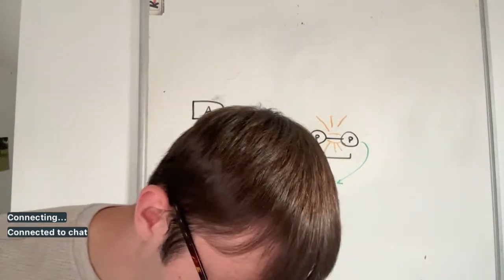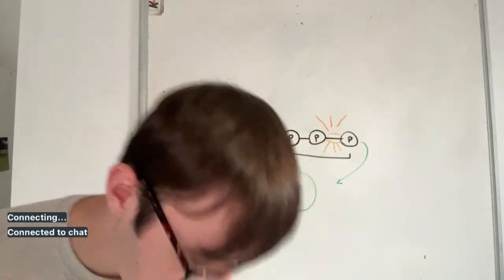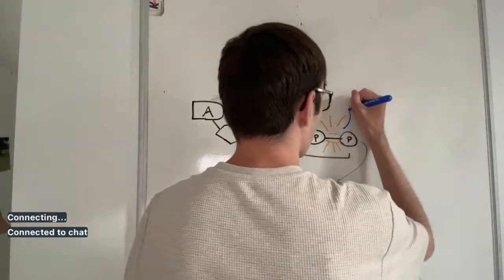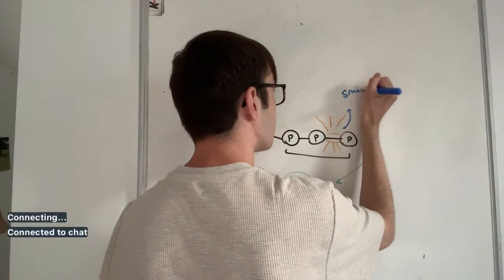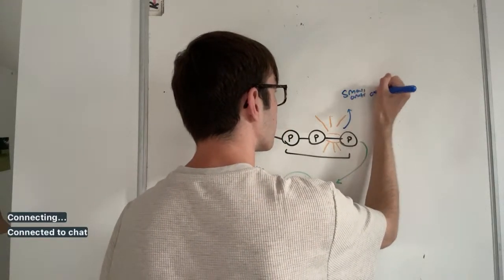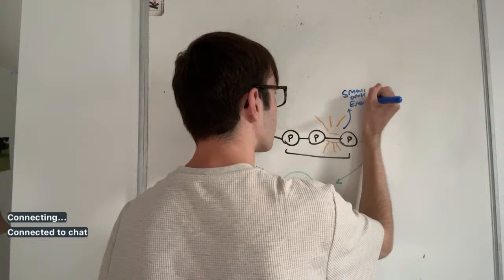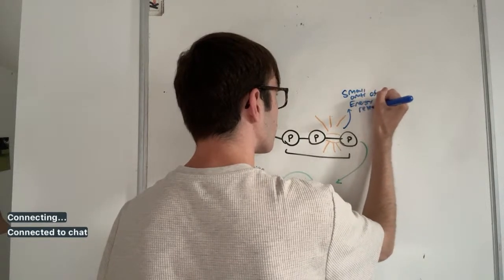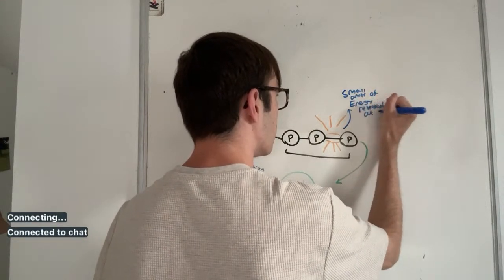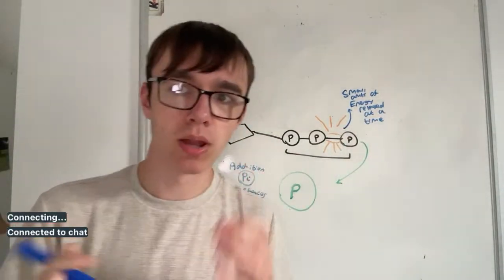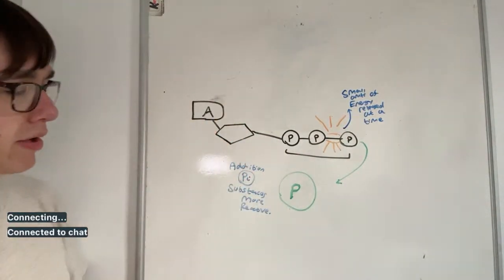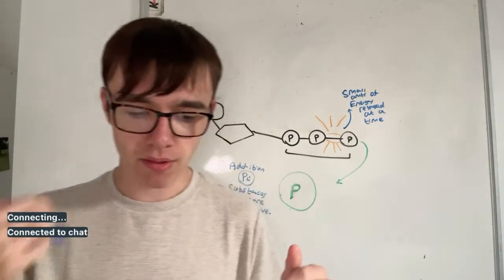And that right there is 2 points. So it's small. That's 1 point. Small amount of energy is released at a time. It doesn't just release it all at once.